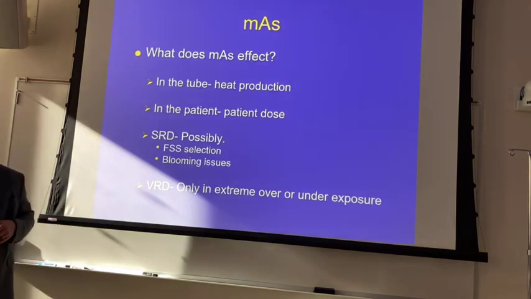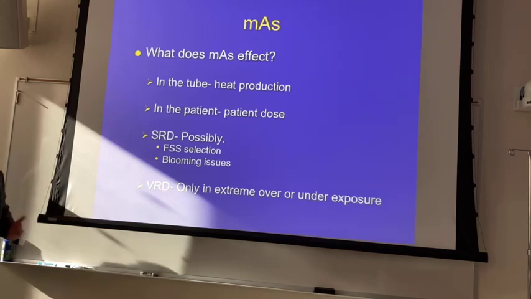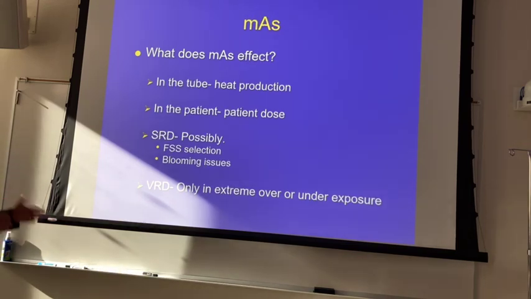You double your kVp, and that's the only thing that you do, then your patient dose is going to be just off the charts ridiculous. You double your mass, and you double the patient dose, okay? So it is our controlling factor of patient dose, our controlling factor of heat, and our controlling factor in direct relationship to exposure to the image receptor.